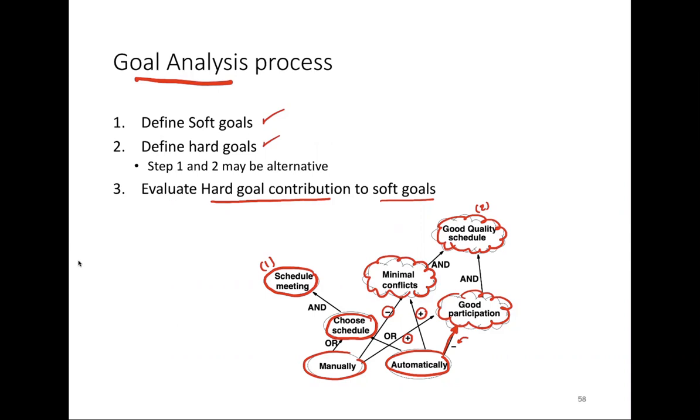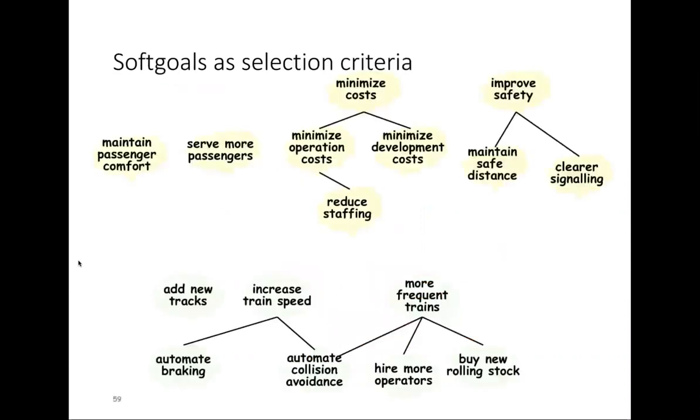So let's take another example in which we consider soft goal as selection criteria. So you can see the set of hard goals here and the set of soft goals.